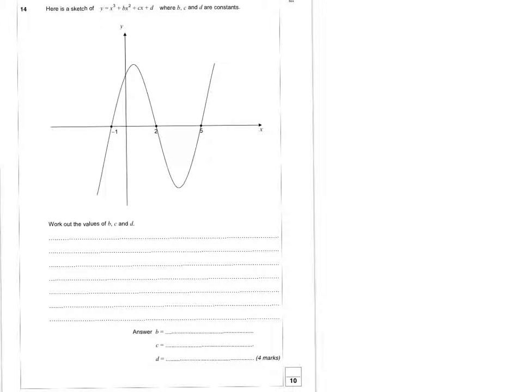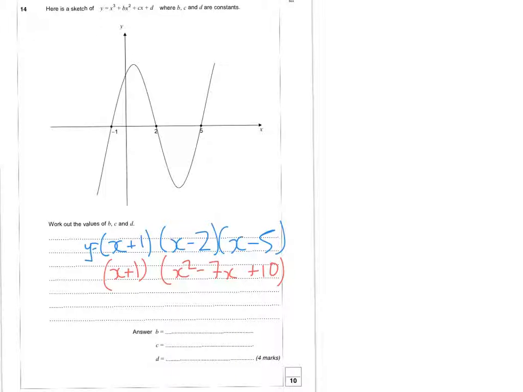Okay, well, in factorised form, the equation of this line is going to be x plus 1, x minus 2, x minus 5, and if we go ahead and expand those brackets, we get x plus 1 times x squared minus 7x plus 10, and then finally x cubed minus 7x squared plus 10x plus x squared minus 7x plus 10.